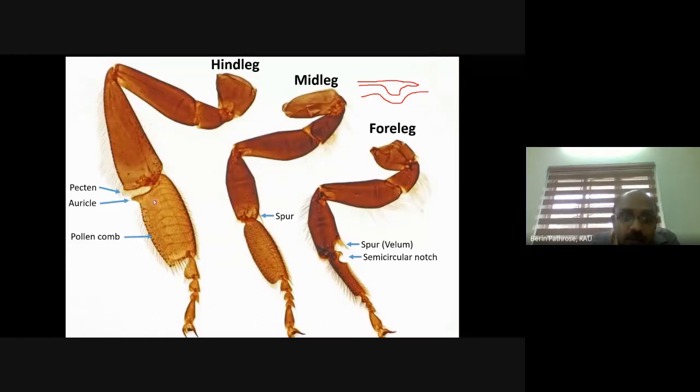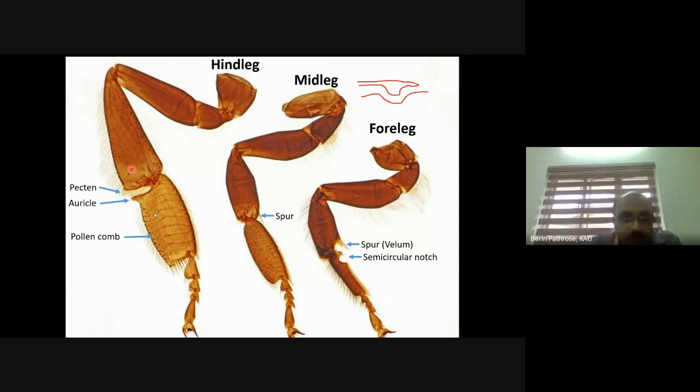You can see this is one row of hairs, this is second row, third row, fourth, fifth, sixth, seventh, eighth. So we have several rows of hairs arranged in rows. The purpose of these hairs is to remove the pollen grains stuck or attached to the body parts. So it's a comb-like structure. It has hairs which can remove the pollen grains from the insect body, and hence it is called the pollen comb.